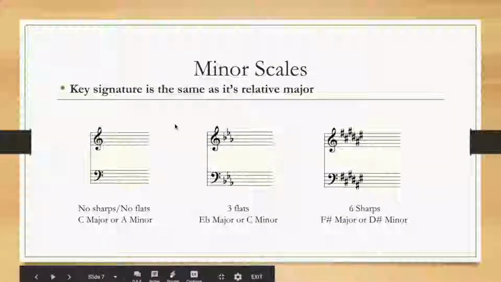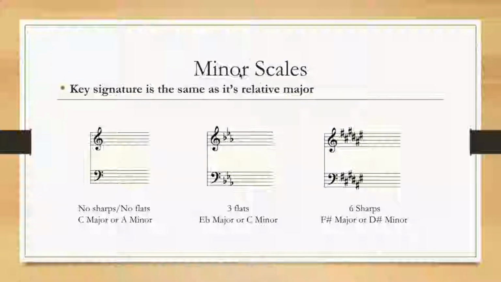These minor scales, this particular one is called the natural minor scale. I told you the key signatures for the natural minor scales are exactly the same as their relative major. So, no sharps, no flats. That would be the key signature for C major or A minor.